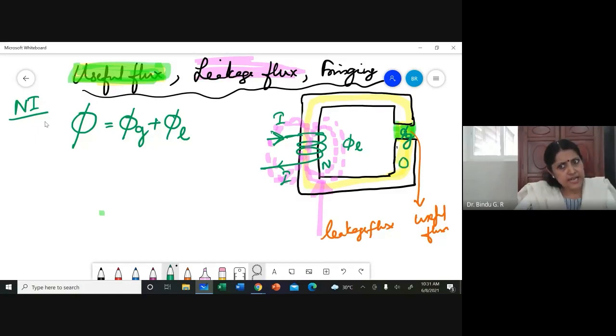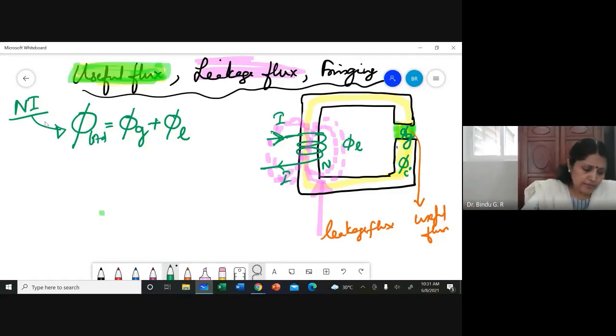Phi G is the same as the phi in the iron core also. I am taking it as phi G in terms of useful flux. So the total flux produced by NI, though I want all of it to be phi G, some of it is becoming leakage flux.